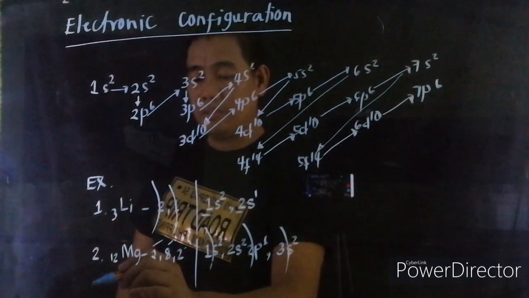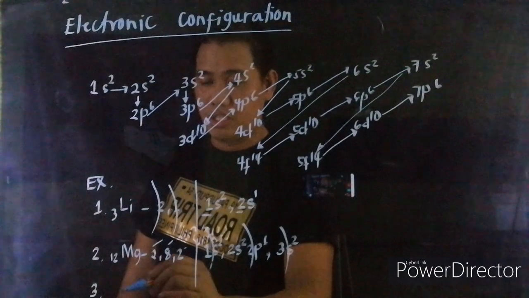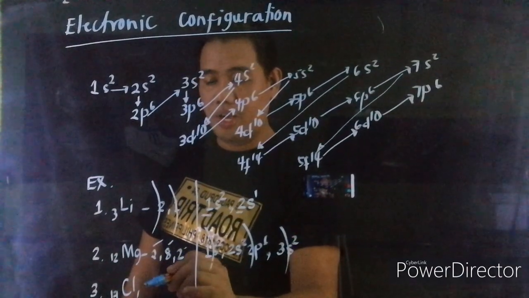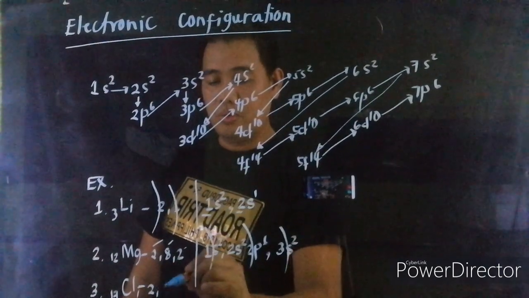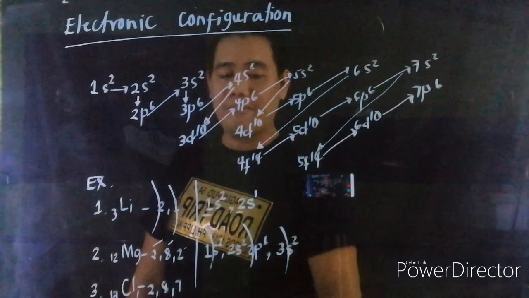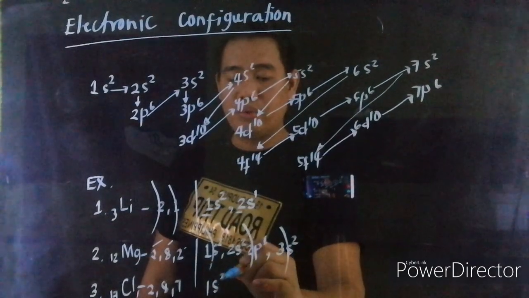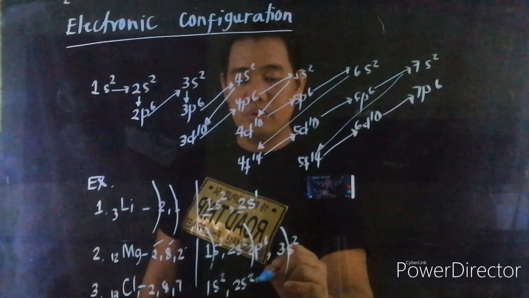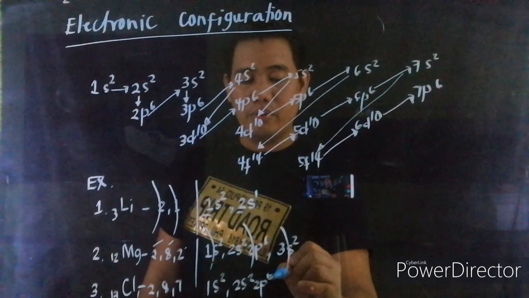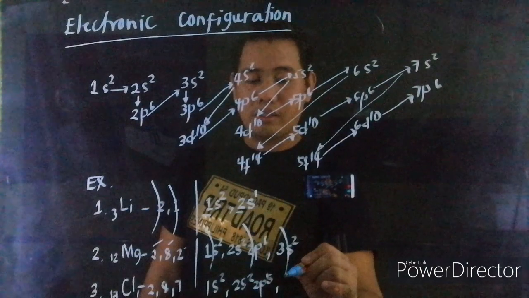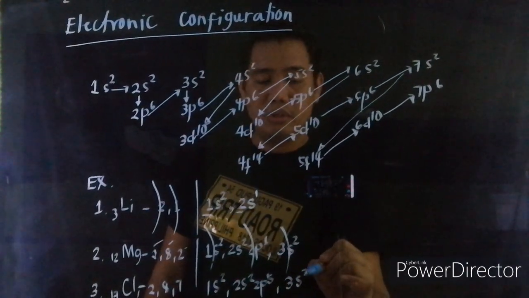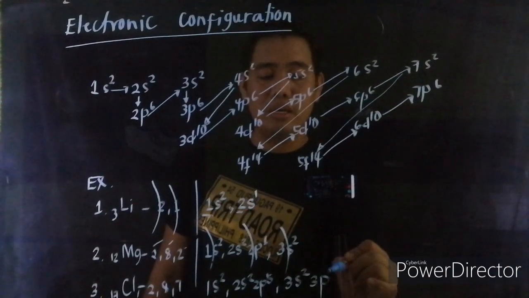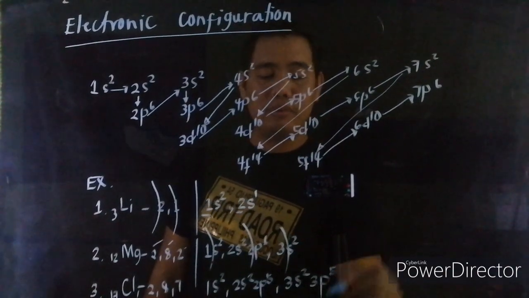Now, let's have the third one. We have chlorine, 17. So we have 2, 8, 7. So we have 1s2, 2s2, 2p6. The next is 3s2. Then the last one is 3p5. Okay?